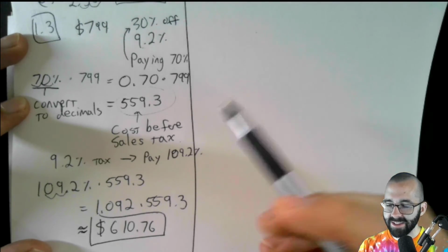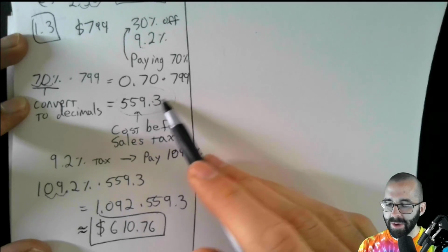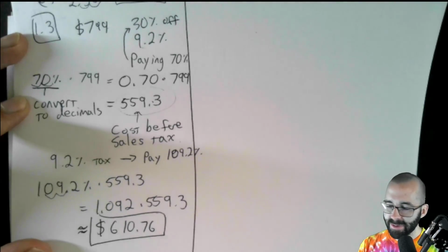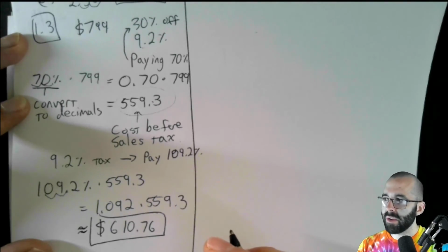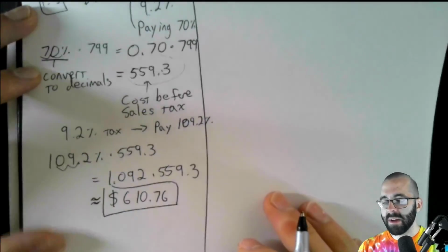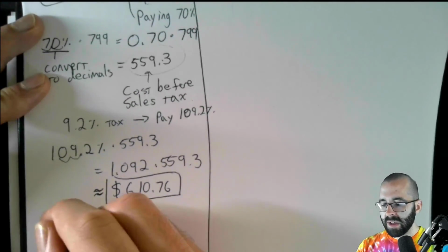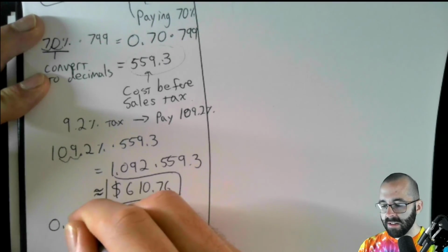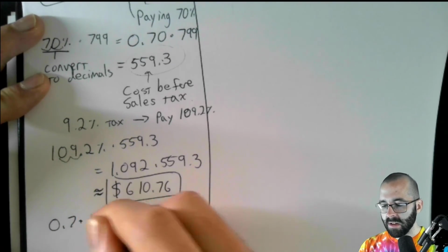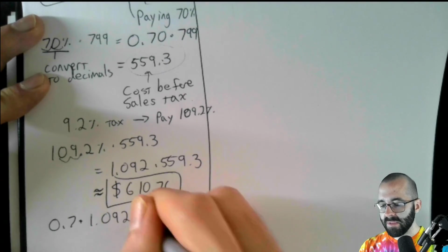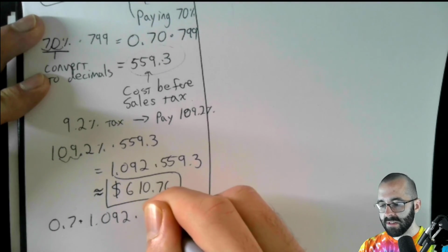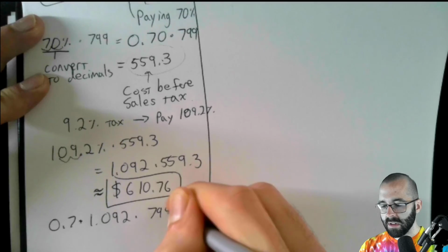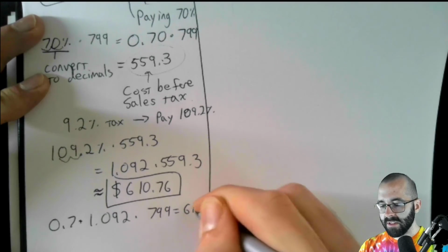Some places apply sales tax on the posted price, so you don't have to apply it afterwards. But anyway, there's a shorter way of doing this, by the way. We could have done this in a single step. We could have said, let's find 70% and add the sales tax at the same time to the original price, and done this in a single step.